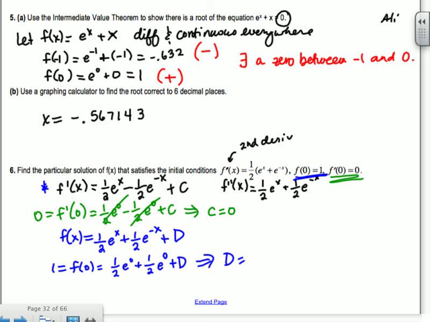E to the 0 is 1, e to the 0 is 1. So this is 1/2 plus 1/2, that's already 1. So d equals 0. That means your f of x function is 1/2 e to the x plus 1/2 e to the negative x. Oops, that's x. So it's the same as f double prime. Okay, so that's it.